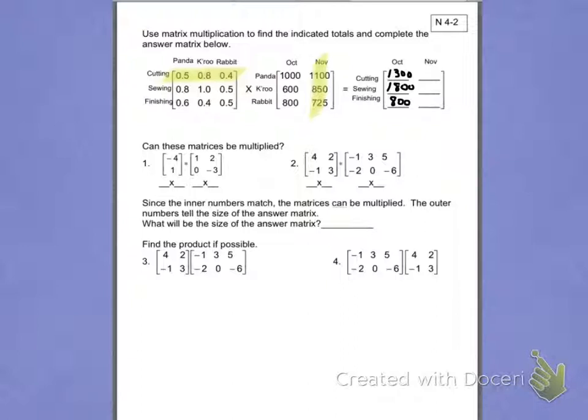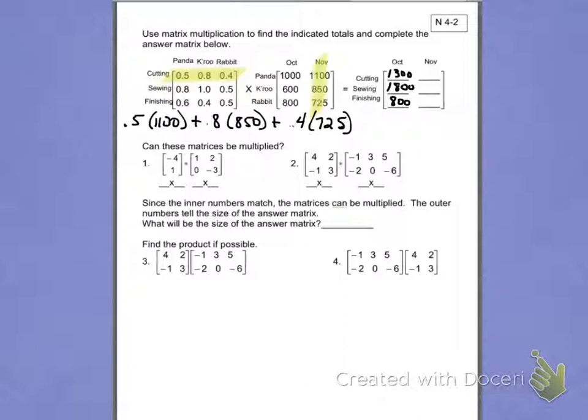So for this particular set of numbers, you would do 0.5 times 1100 plus 0.8 times 850, first times first plus second times second plus third times third, which is 0.4 times 725. And then when we add those all together, that's going to give us 1520.